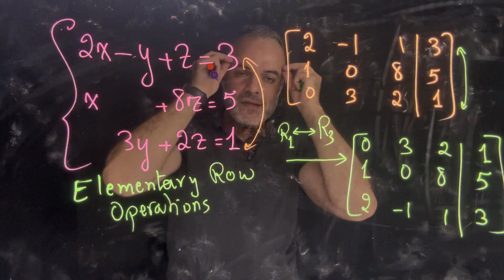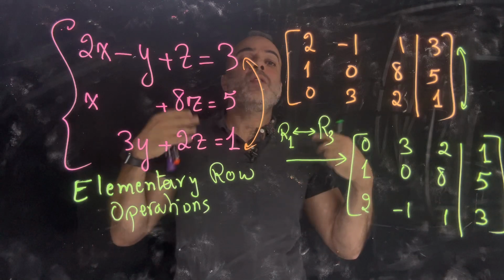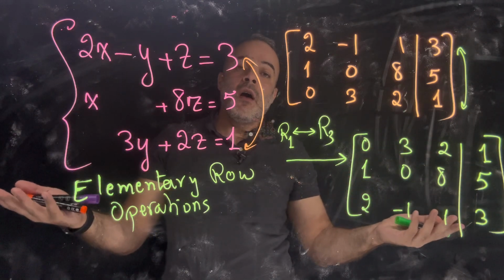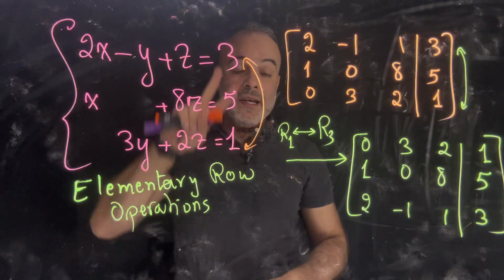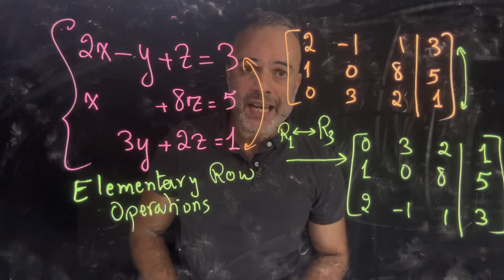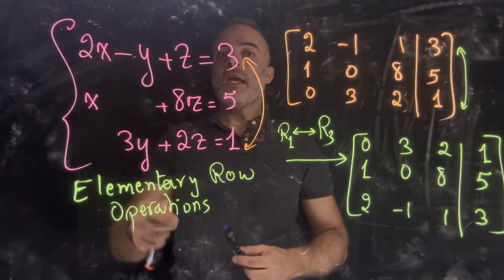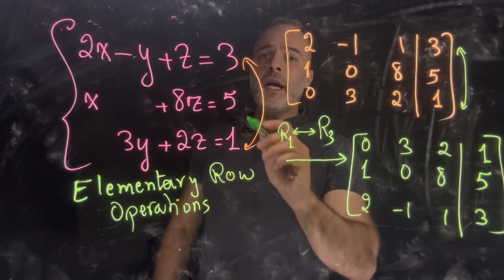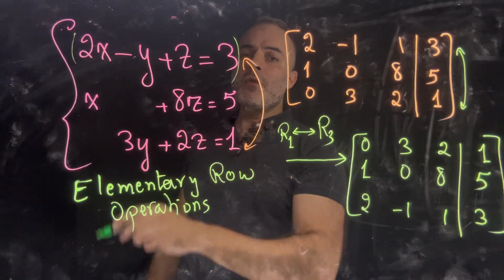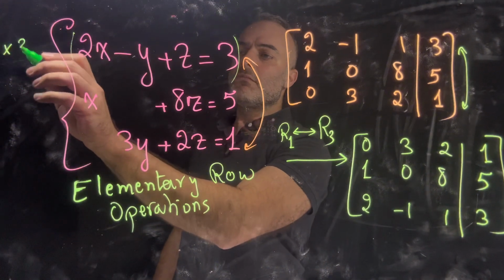But for now, let's just understand what the elementary row operations are and what we are allowed to do for a matrix. The second elementary row operation is, let's say this is the first equation, and for some reason I would like to multiply the entire equation by a constant, let's say by 3.